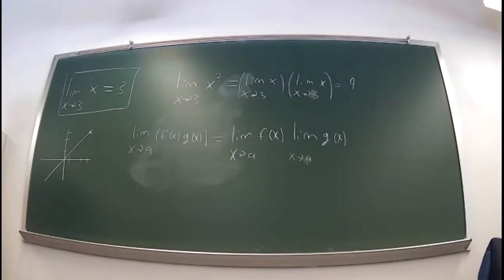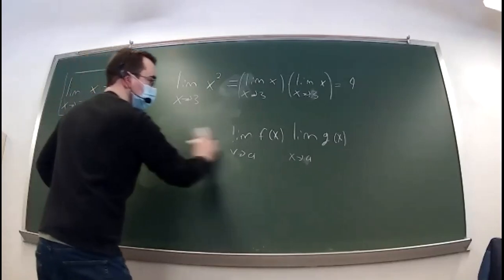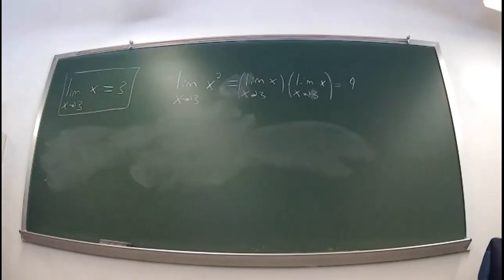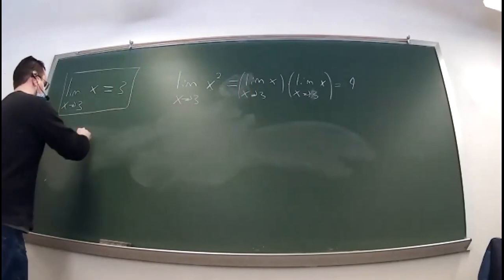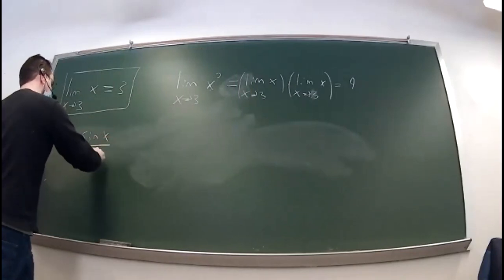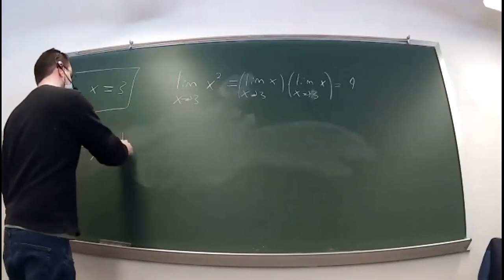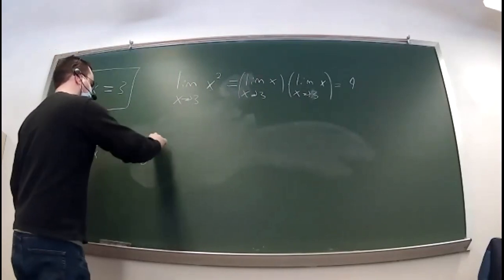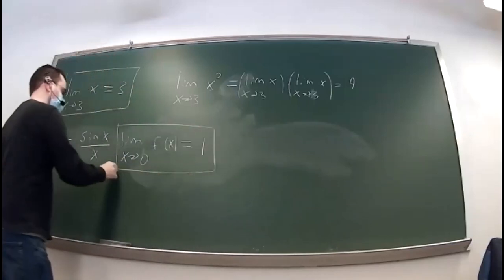Another example. If you remember last time, we looked at f of x equals sine x over x. The limit as x goes to 0 of f of x was equal to 1.